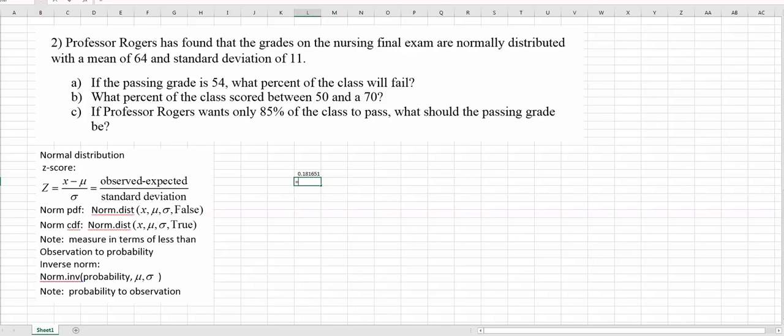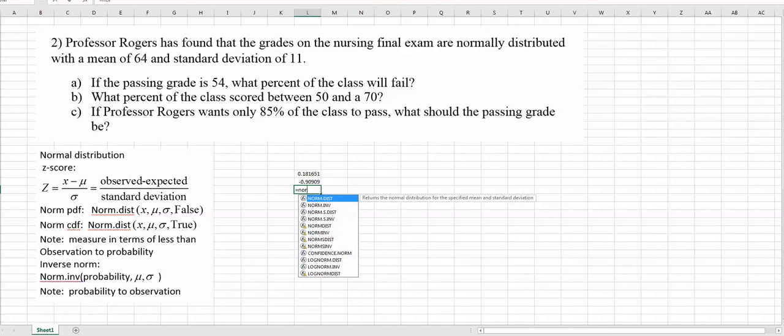So it's equals parentheses, observed is 54 minus the expected, which is 64, and then divide that by the standard deviation, which is 11. So I have a z-score of negative 0.9, which means 54 is 0.9 standard deviations below the mean.